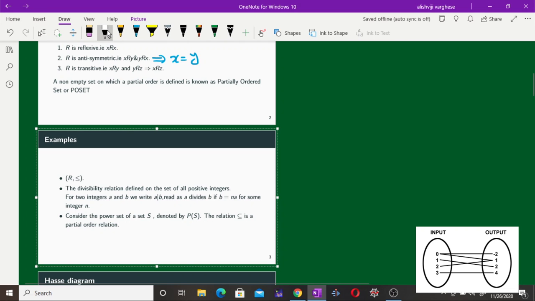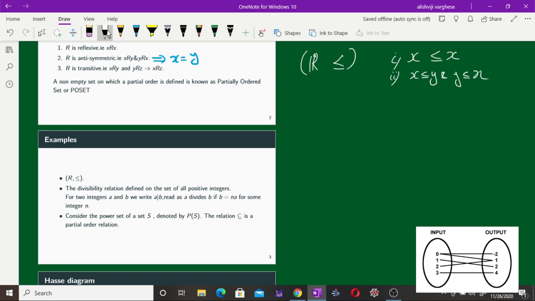The first one, the set of all real numbers together with the less than or equal to relation. So R, the set of all real numbers, together with less than or equal to. If you take a real number x from R, then x is less than or equal to x itself. That's reflexive. Second, if we take two real numbers x and y, then x less than or equal to y and y less than or equal to x implies x is equal to y.